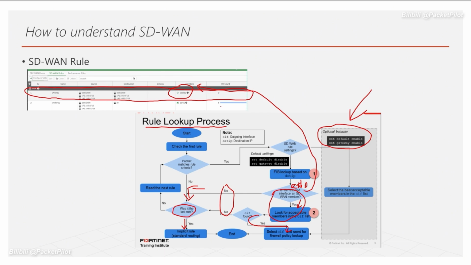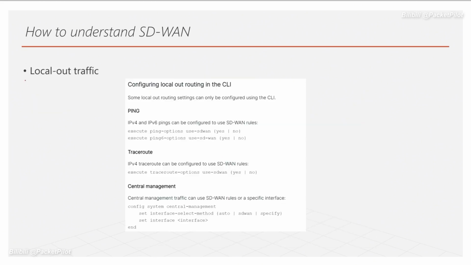Next, as the final part of this theoretical discussion, I want to further explore the topic of SD-WAN. This part relates to locally originated traffic. This is an interesting issue we encountered when we first started using SD-WAN.